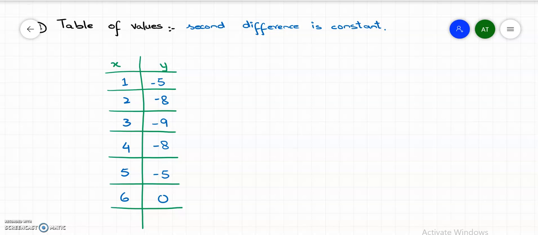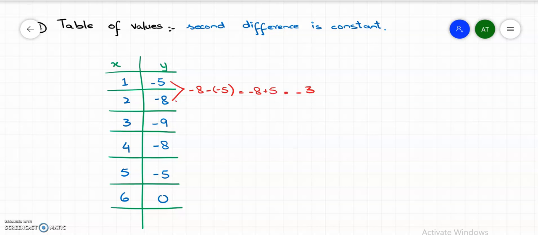Let's find the first difference. We need the difference between -5 and -8: second number subtract the first number, so -8 subtract -5 is -8 plus 5, which equals -3.